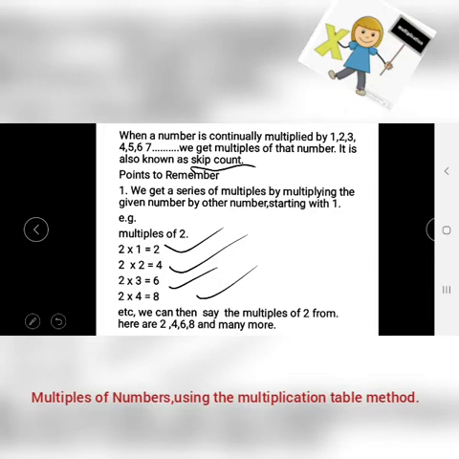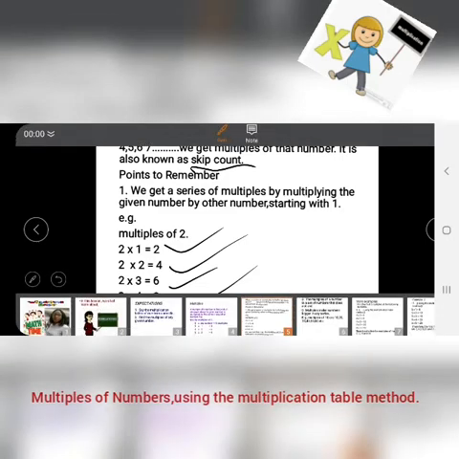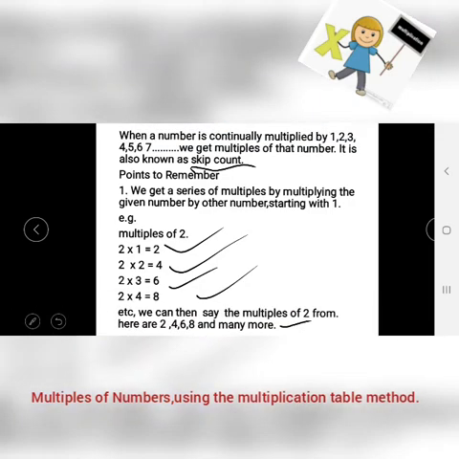Yes, you have 10. And that's the reason I said many more. So if you want to get a series of multiples, you have to start by multiplying with 1 and go on and on.